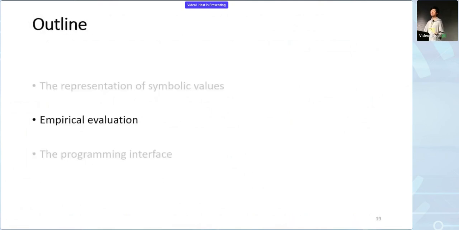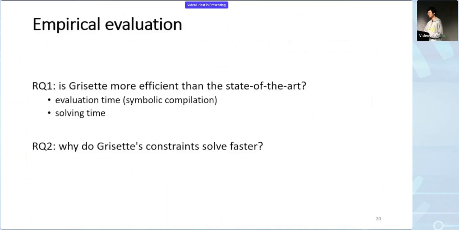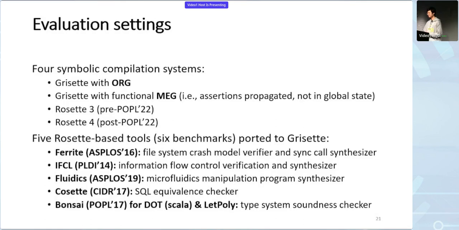So we have shown the intuition of our algorithm, but the actual performance has to be evaluated with an empirical study. So we aim to answer these questions. Is Grisette more efficient in both evaluation and solving? And why do Grisette's constraints solve faster? We perform our evaluation on 4 symbolic compilation systems.